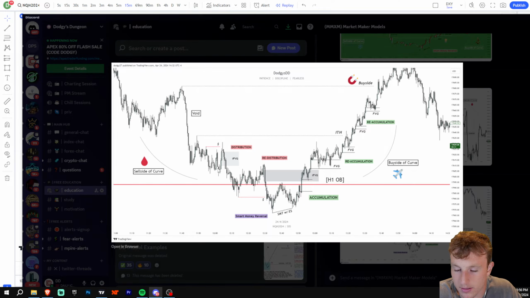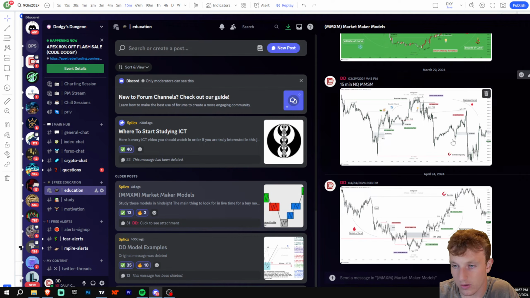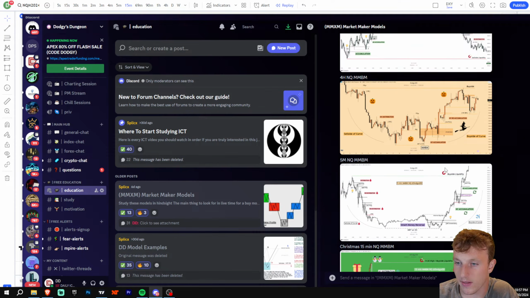This is the hindsight part, to be honest. Obviously, some of it's not hindsight; I do take some of this in live time. But this is where you're like, okay, it's going to be a buy curve. Where did it start? It started up here. We're probably going to complete it. And this is where you typically look for fair value gaps to hold, order blocks to hold, propulsion blocks to hold. You want to see a combination of all that stuff holding.